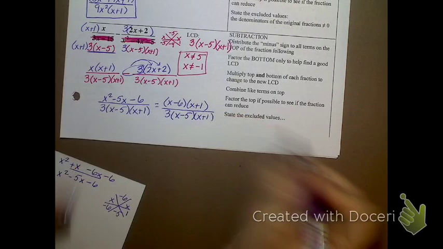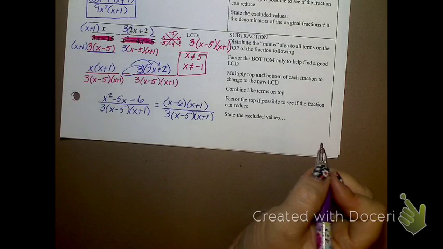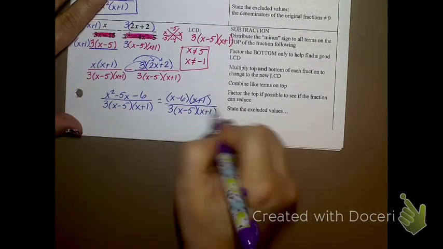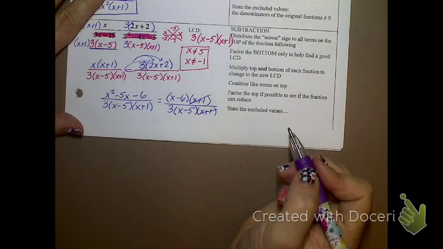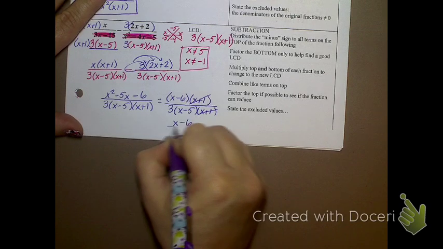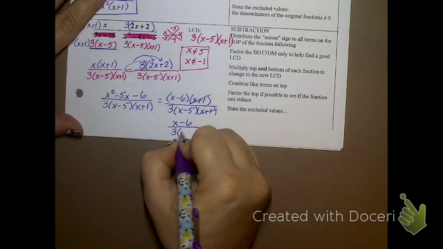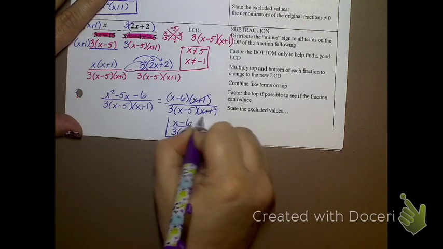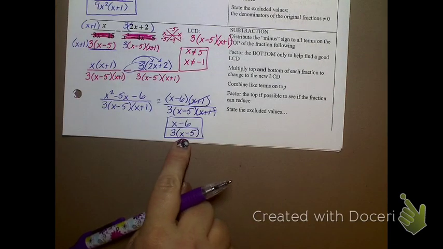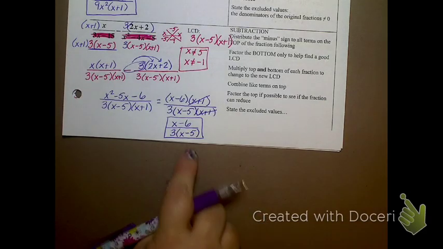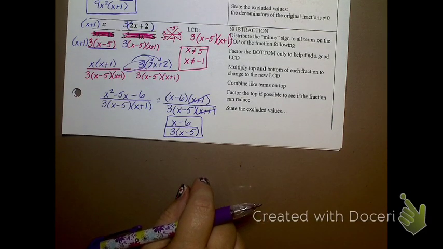Do you see anything that cancels? I do. X plus 1's cancel. So finally, I'm left with x minus 6 over 3 parentheses x minus 5. Could you write 3x minus 15 on the bottom? Yes, but I'd rather you didn't. I'd rather you just leave it in the factored form. Okay, questions there?